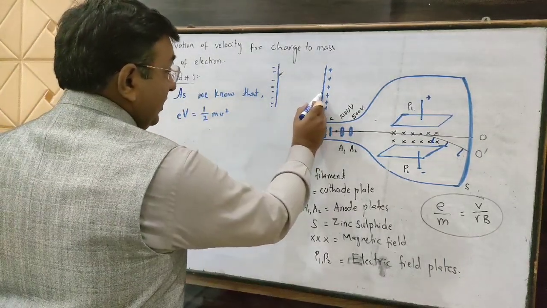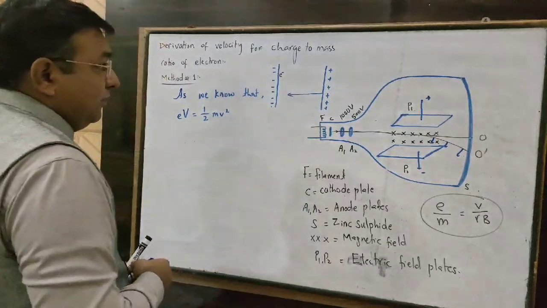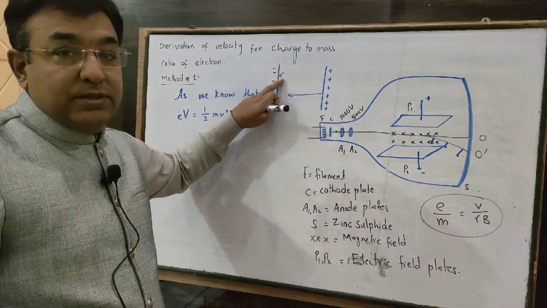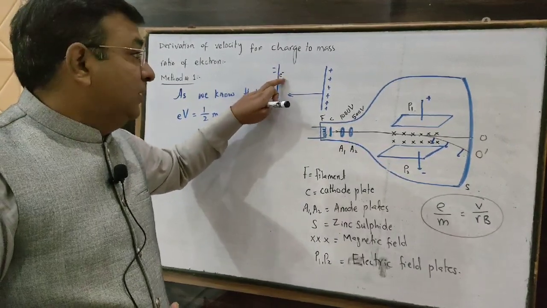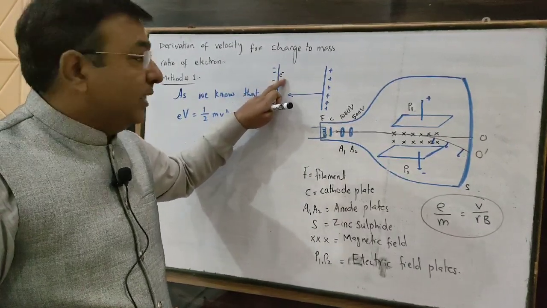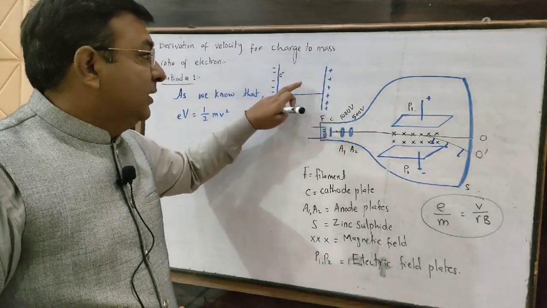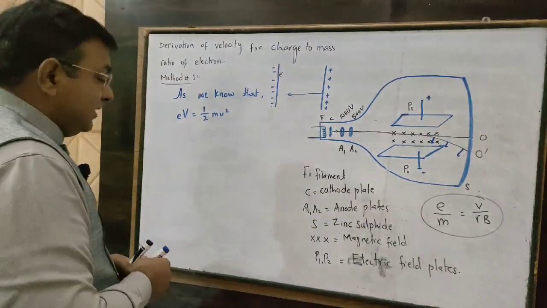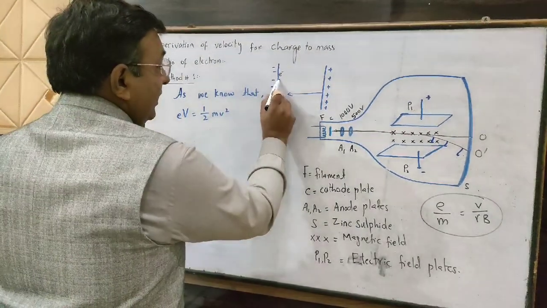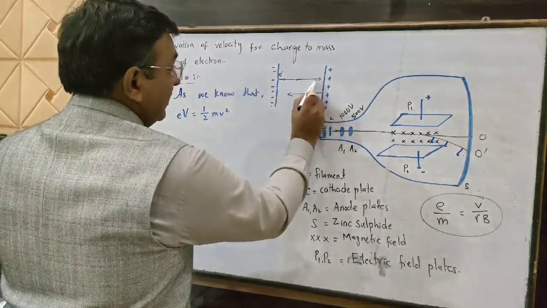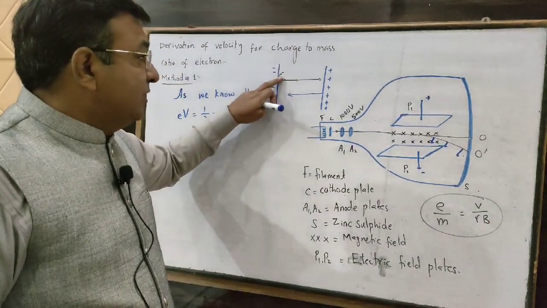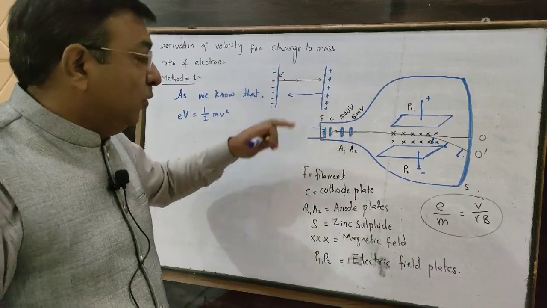In this case, the electric field is from positive to negative. So this negative charge experiences two forces. From the negative plate the force of repulsion occurs, and from the positive plate the attractive force is applied on this electron. Hence, this electron gradually increases its velocity or kinetic energy. So, in this case, the electron gains energy from the voltage.